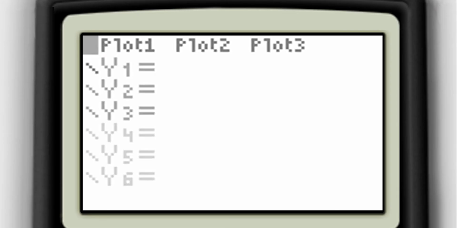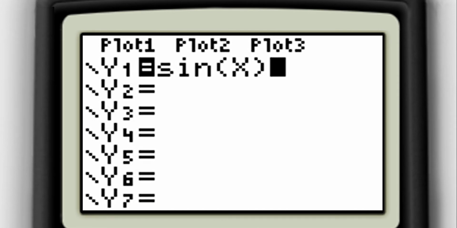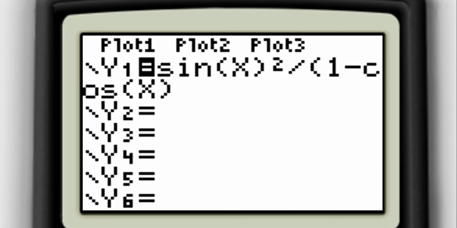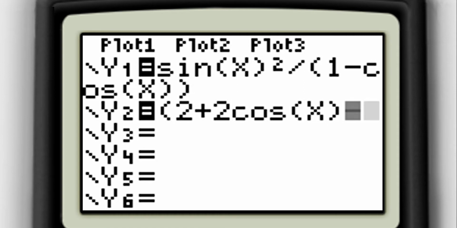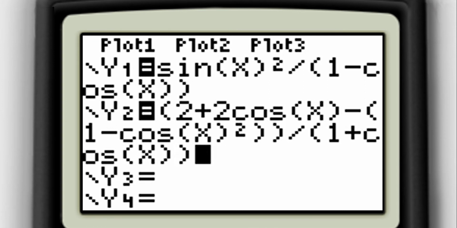I click y equals, and I can input sine squared theta divided by 1 minus cosine theta, and then I'll do the same with the second equation, inputting y equals 2 plus 2 cosine theta minus sine squared theta in my numerator and 1 plus cosine theta in my denominator. And once I have done that, I could press graph to verify that they are the same.